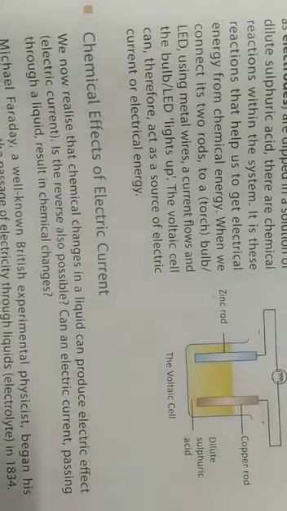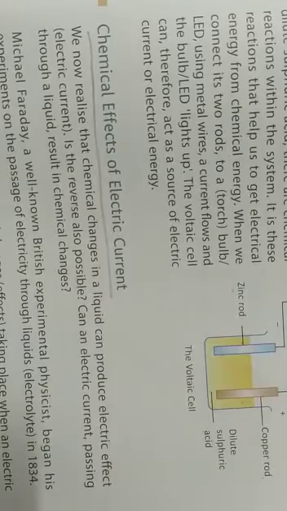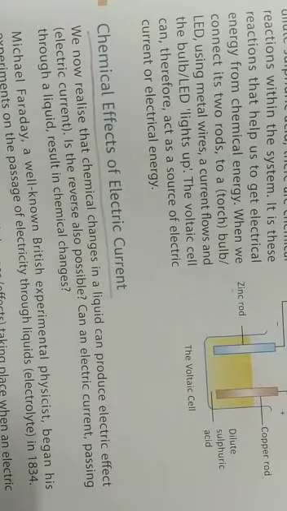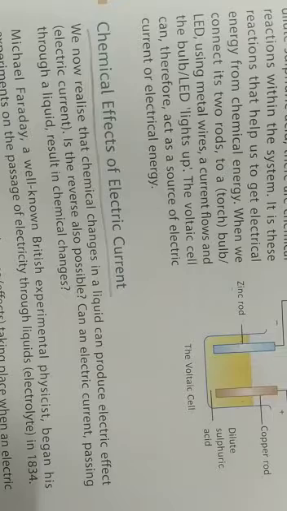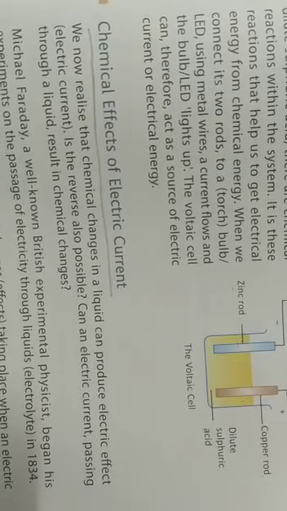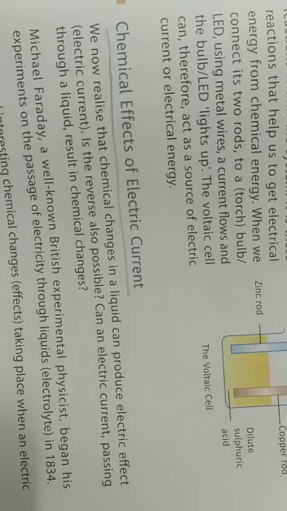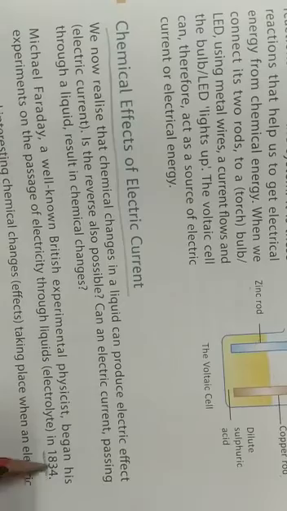Now, chemical effects of electric current. We now realize that chemical changes in a liquid can produce electrical effect. Is the reverse also possible? Can an electric current passing through a liquid result in chemical changes? Michael Faraday, a well-known British experimental physicist, began his experiments on the passage of electricity through liquids in 1834.